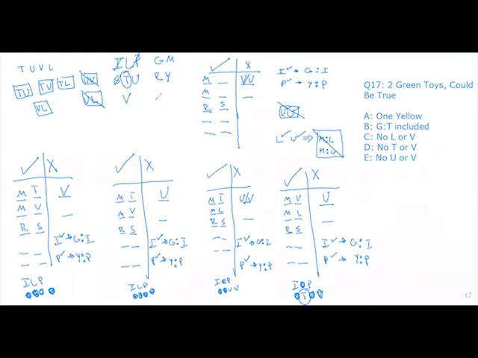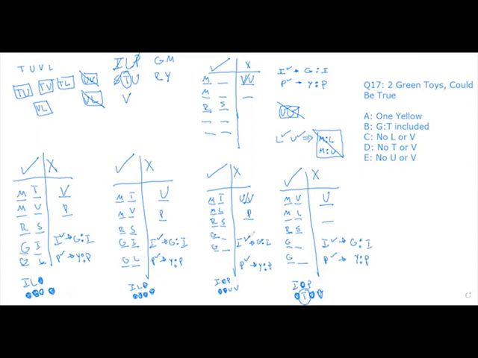Okay, question 17. If we have 2 green toys, what could be true? Okay, we got to look at all 4 worlds. Just make green in the last 2 open spaces everywhere. Automatically, this kicks P out, right? Because P has to be yellow, if included. I, L are green. P gets kicked out again because P has to be yellow. I, L are green.